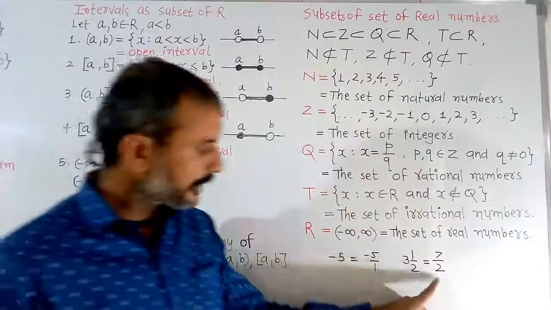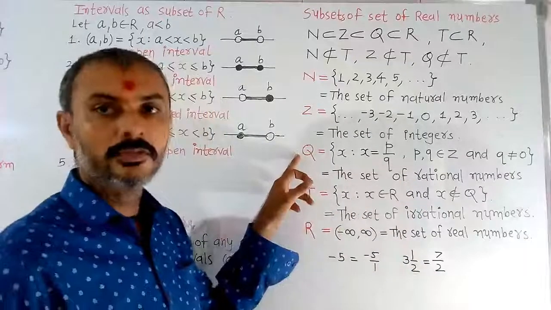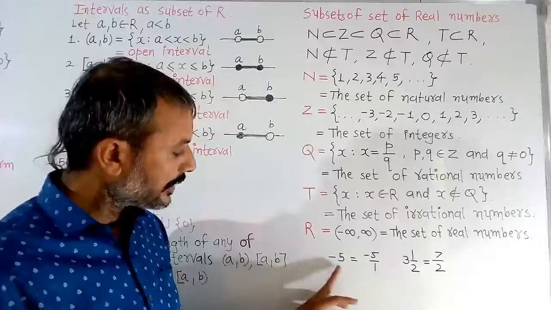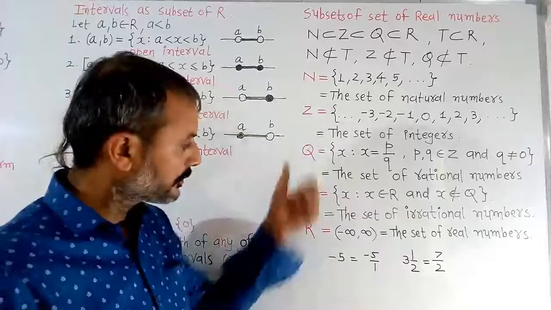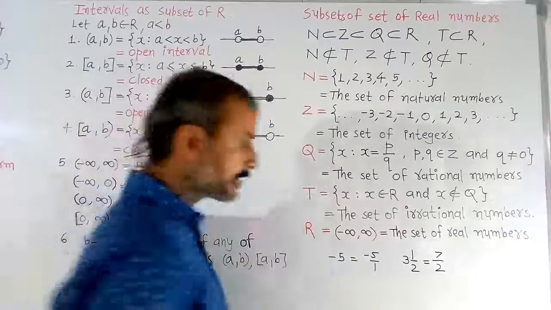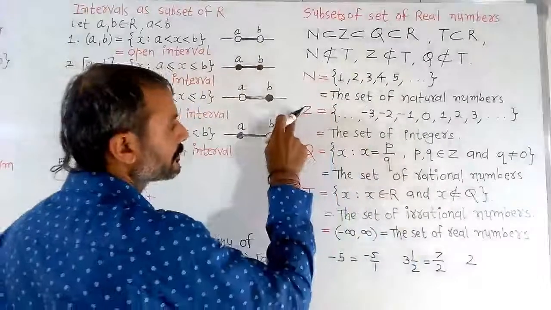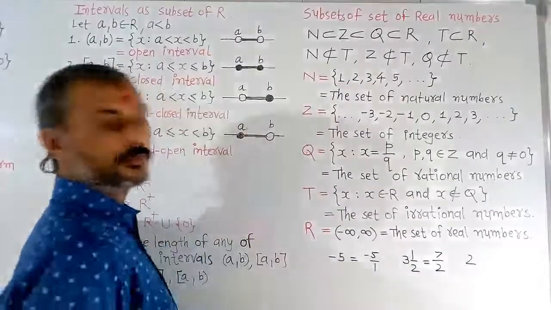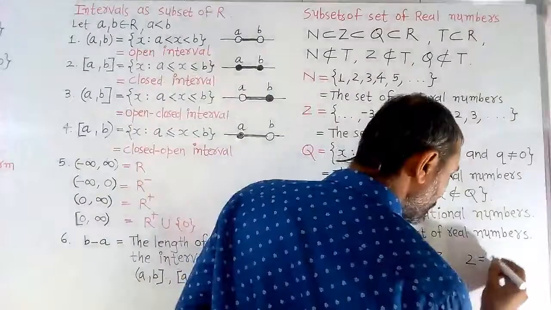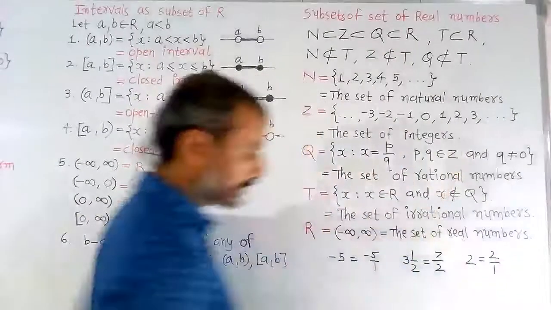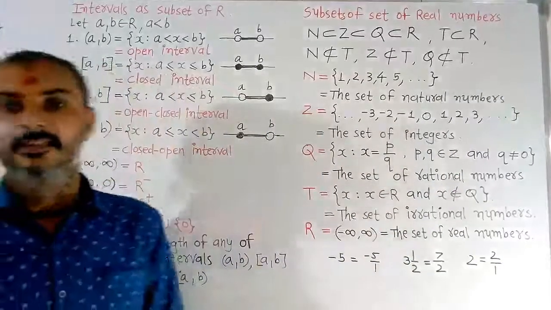So such types of numbers belong to Q, and all our integers also belong to Q. How can we write 2? Because 2 belongs to N, 2 belongs to Z, as well as 2 belongs to Q, because 2 can be expressed as 2 by 1, like that. Is that clear?